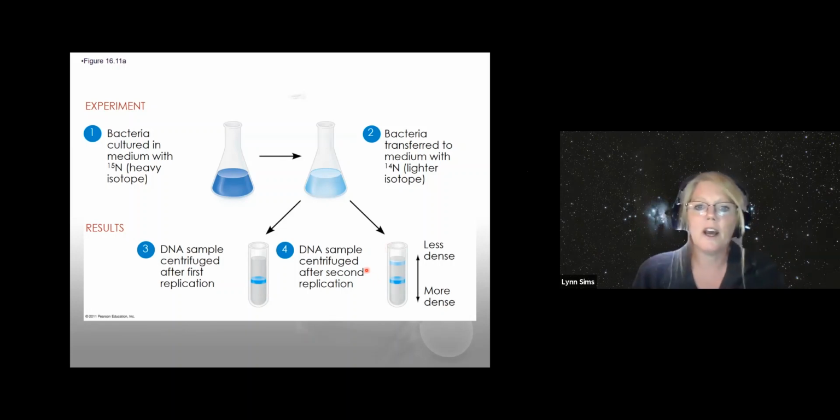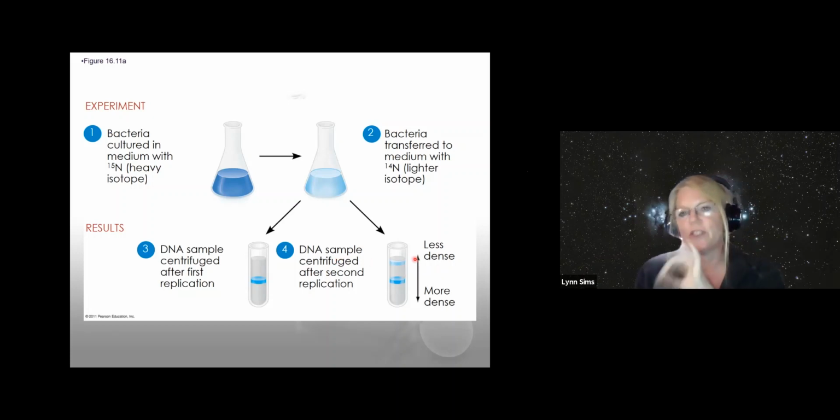So then we can see that after these rounds, they're going to be spun. So you can see this is centrifuged after the first replication. This will show basically the base point where all of them would be heavy. And then after the second round of replication, that's going to tell you whether it was the conservative model, the semi-conservative model, or the dispersive model.